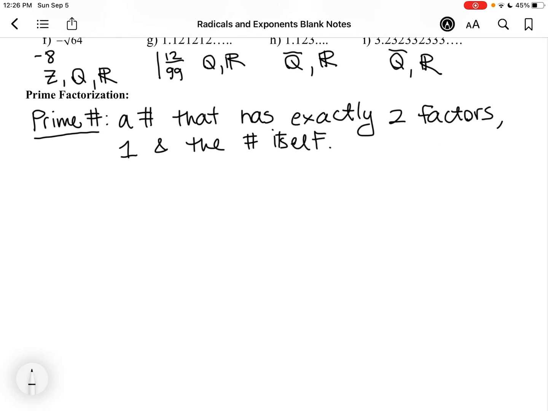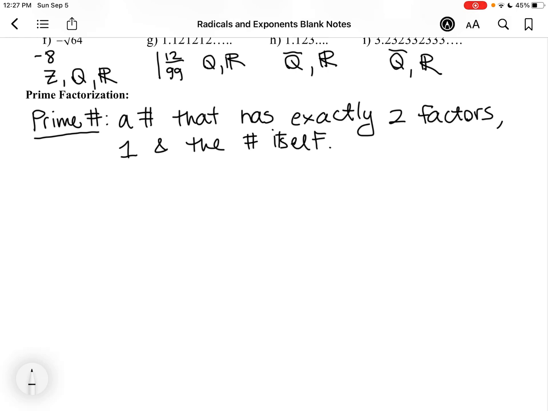Okay, so it's got to have exactly two factors. Factors are numbers that divide another number evenly. So for example, 2 is a factor of 8 because if you go 8 divided by 2, you get 4. You get a whole number.